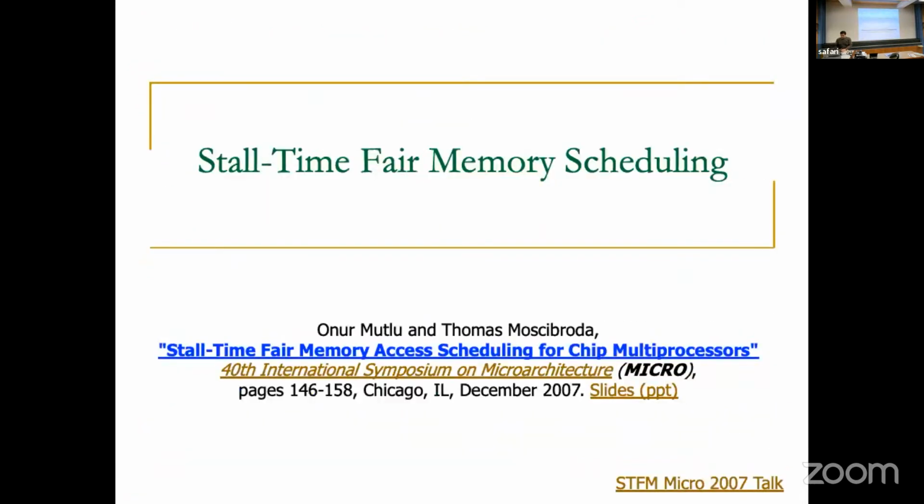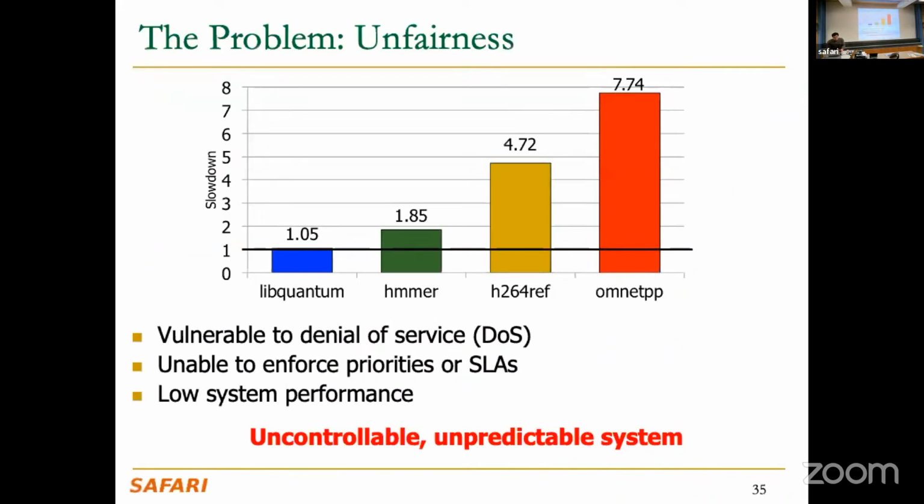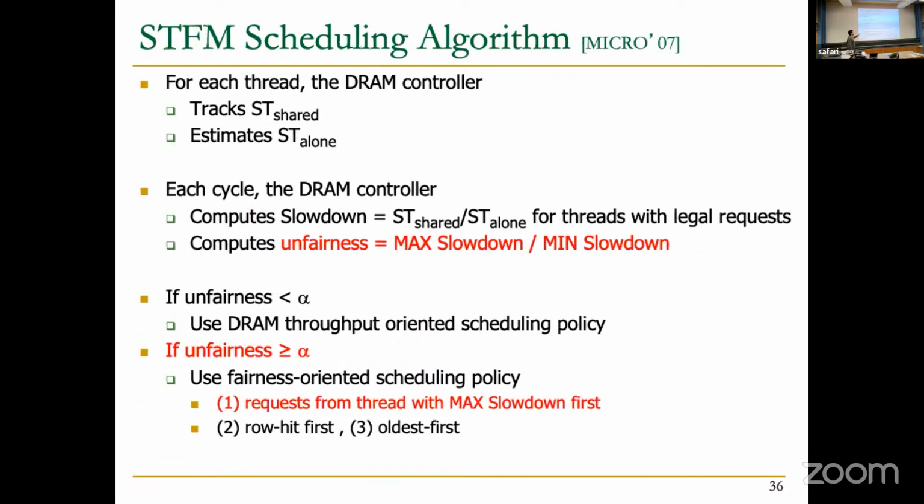And if you remember, stall time fair memory scheduling is trying to solve this unfairness problem. The way it does that is it tries to estimate, basically you're running multiple workloads, multiple threads in the same system. You know your thread's performance. So you're trying to guess how its performance would be if it was running alone in the system.